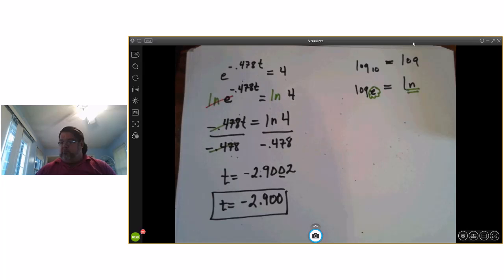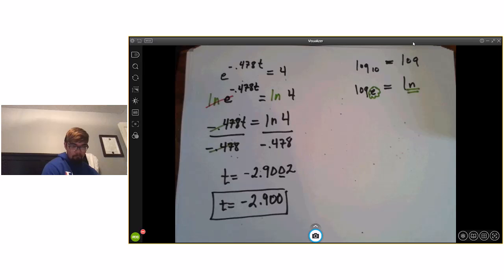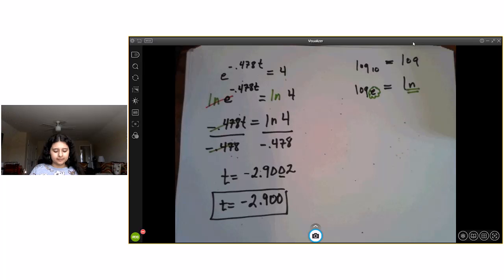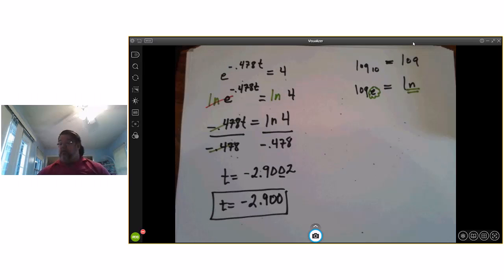It says T equals. That's where we're at. Now you're writing the 2.900. And tell me when the box goes around it. Okay. So I'm going to take that one off.